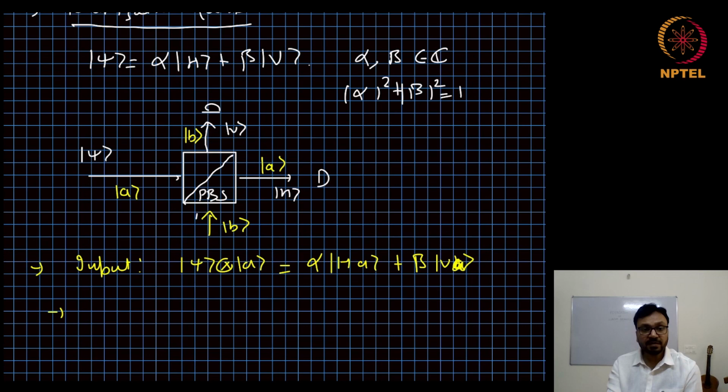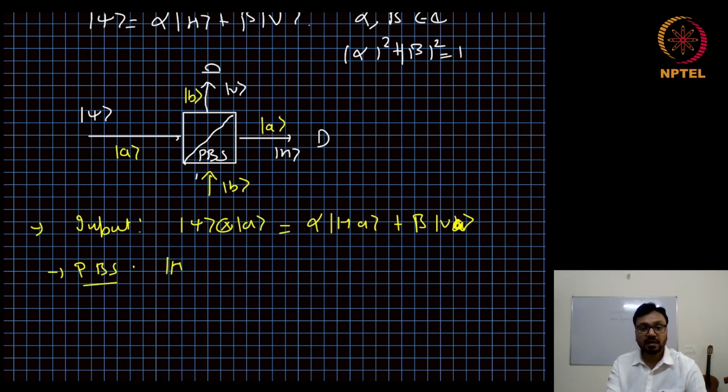Now, when we pass it through the polarizing beam splitter, HA goes to HA. It will remain in the same path, but VA will go to VB.